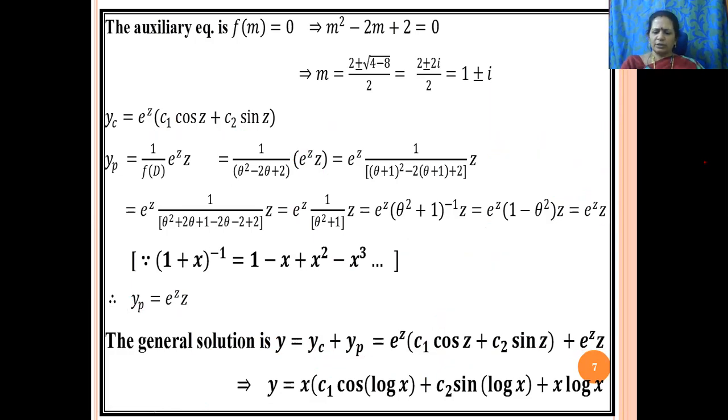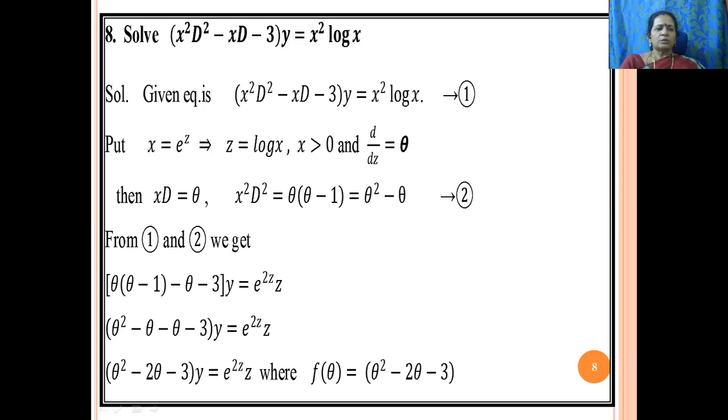Right, now coming to the next one. Right, next problem. x square d square minus x d minus 3 into y is equal to x square log x. Right, so same here also, we are going to apply the Cauchy Euler equation. Finally this is a Q and this is in the form of f of D or f of theta.